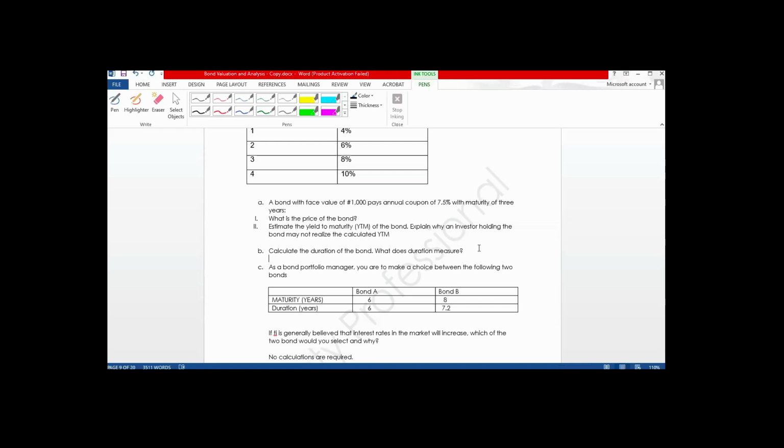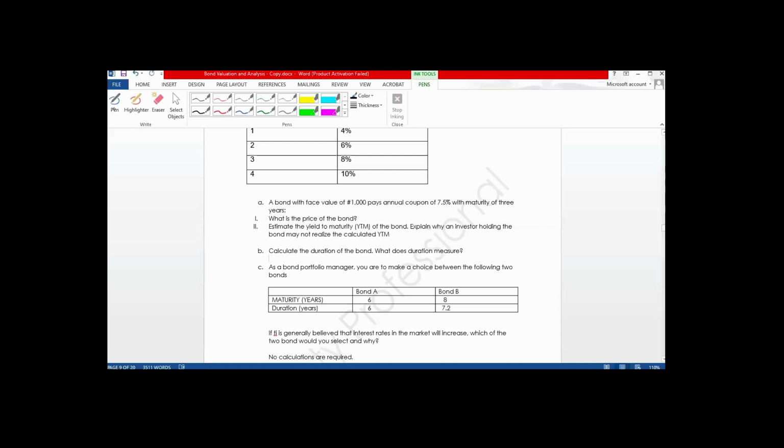No calculation is required. Assuming market interest rate will rise, which of these two bonds are you going to select for investment? Why? Any opinion? Bond B.